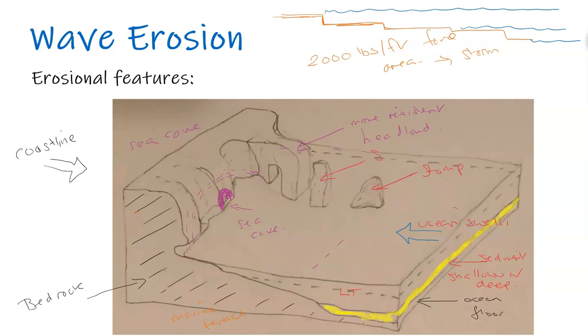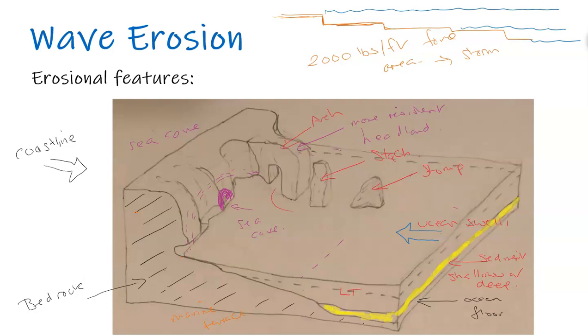And this one is called a stack, basically a larger version of a stump that has been eroded less and is more rectangular in dimensions and shape. And then we have this natural arch right here.